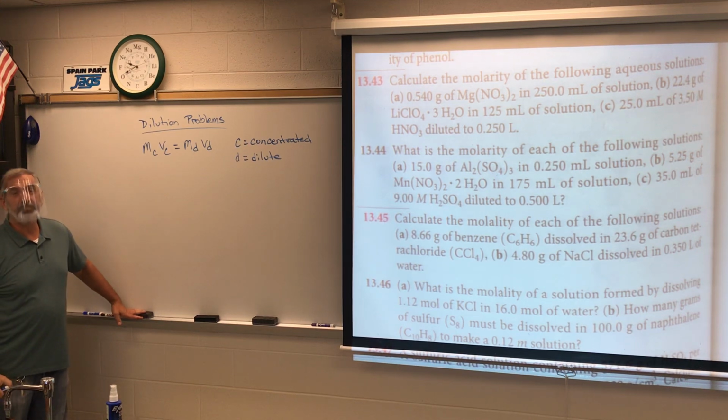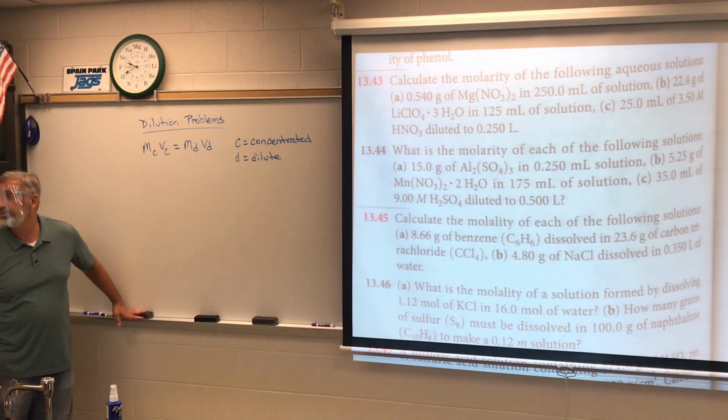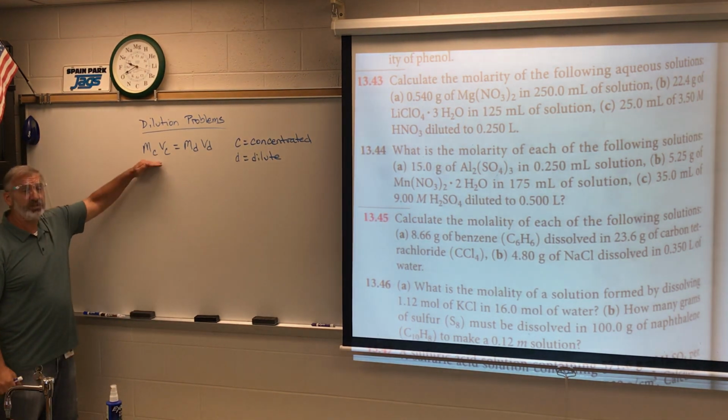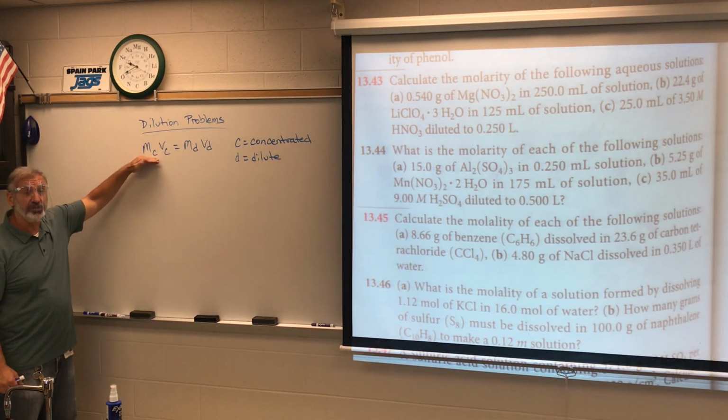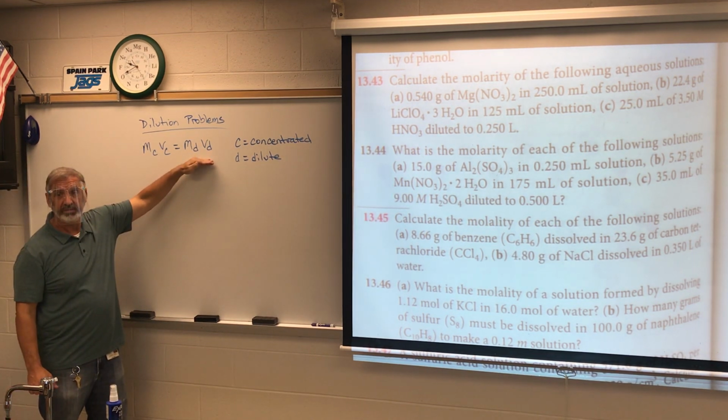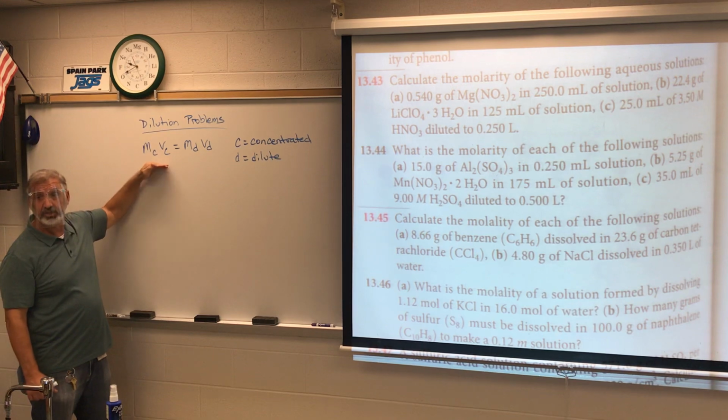Anytime you have a dilution problem, anytime you're mixing 2 solutions together to get the new molarity, you just take the concentrated, that's going to be your original, and then the diluted is going to be what you end up with. So the concentrated one is always the thing you start with.